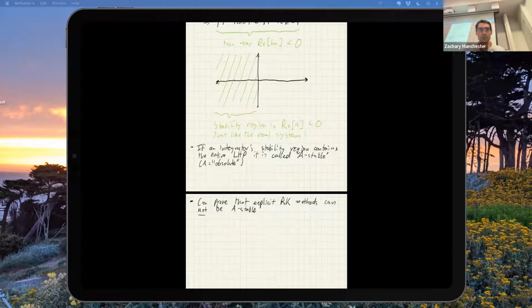What else? Oh yeah, the other fun thing, just an aside, is you can write the stability condition. So all the stuff we just derived, you can generalize it, and you can actually write it in terms of the Butcher tableau. So it looks like this. This is sort of nasty, but you can derive this very generically.